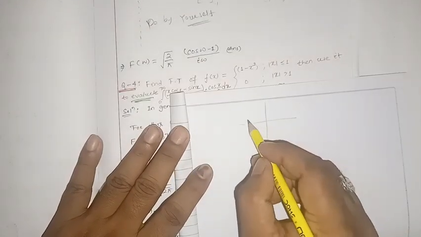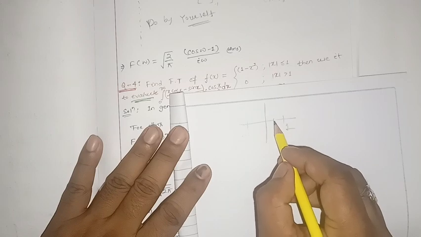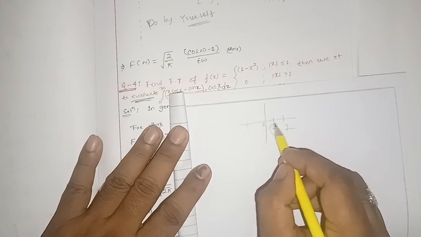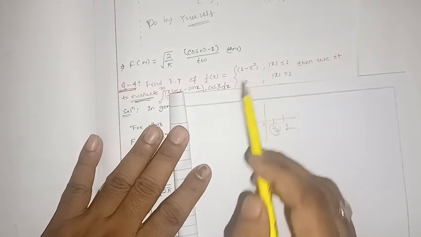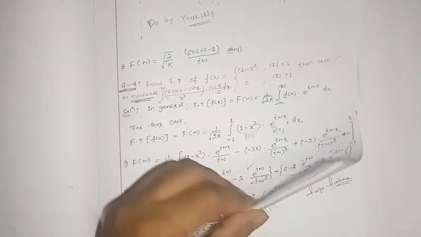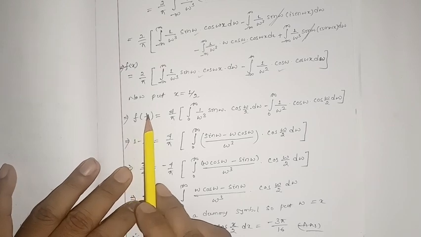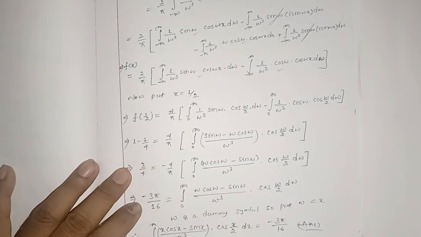So this is 0, the middle point, and this is x equal to 1 by 2. At x equal to 1 by 2, this value will be 1 minus 1 by 4. Same thing I have substituted over here. For f half, it will be 1 minus 1 by 4 equal to 4 by pi.